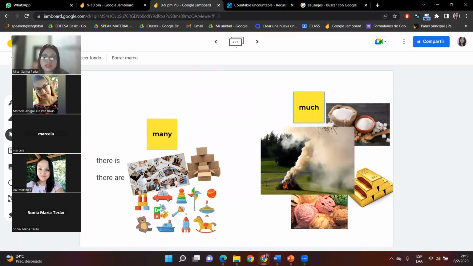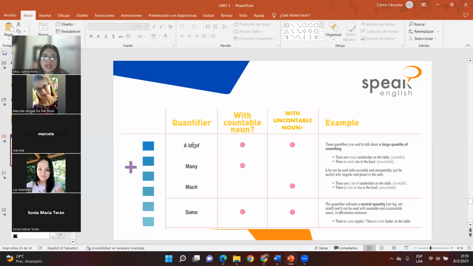And you have the three expressions: a lot of, many, and much. The three of them talk about large quantities of something, but you can use them in different situations. A lot of with both categories, many just with countable, and much just with uncountable.